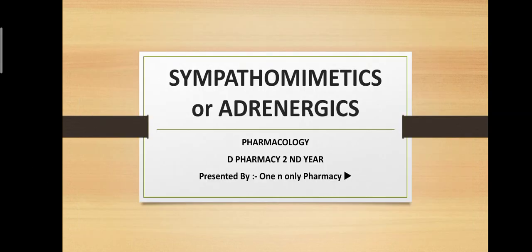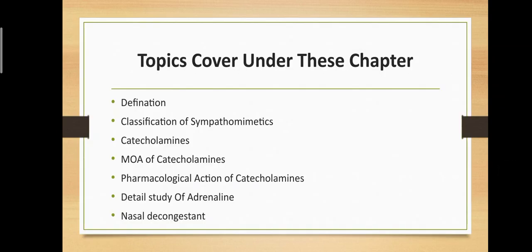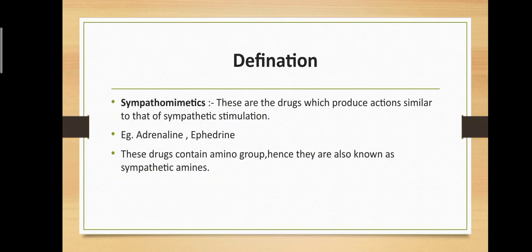Sympathomimetics, another name is adrenergics, pharmacology chapter, D Pharmacy second year, presented by One and Only Pharmacy YouTube channel. Topics covered under this chapter: definition, classification, catecholamines, mechanism of action of catecholamines, pharmacological actions of catecholamines, a detailed study of adrenaline, and last, nasal decongestant.